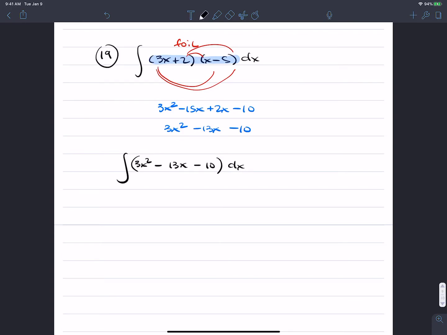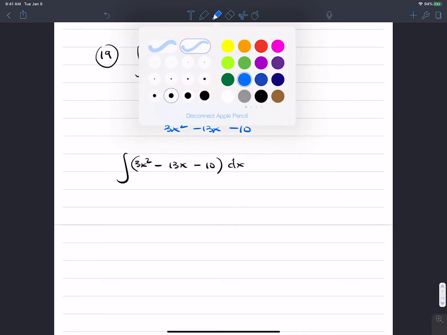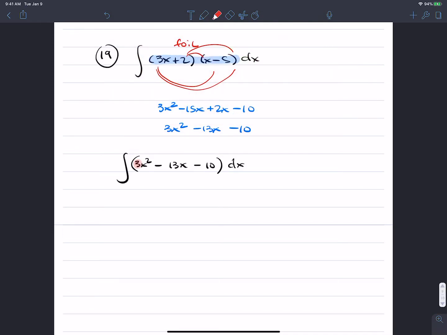So at this point, we're going to use properties of integrals. I'm going to point out to you again that we have constants here, 3, 13, 10, and we also have these operations here of subtraction and subtraction here.